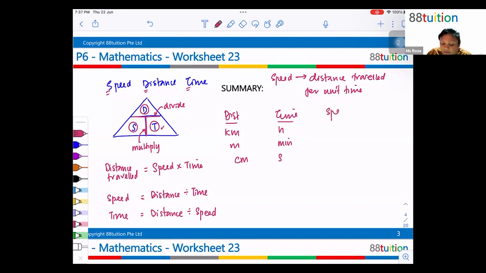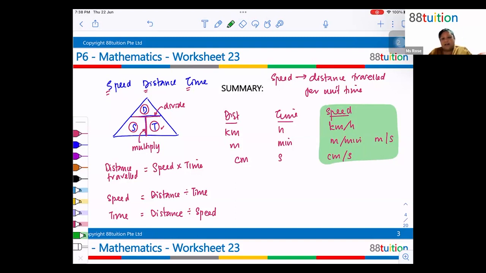So the unit for speed will be kilometers per hour, meters per minute, or cm per second. Sometimes you can also have meters per second. It is written with the slash. cm per hour is very rare. Usually it is just kilometers per hour, meters per minute, meters per second, and centimeters per second.